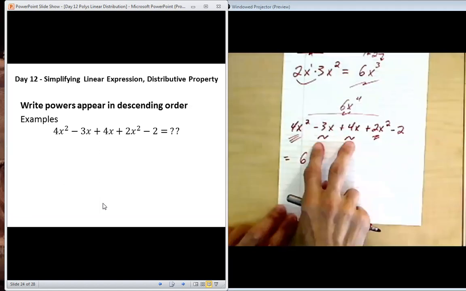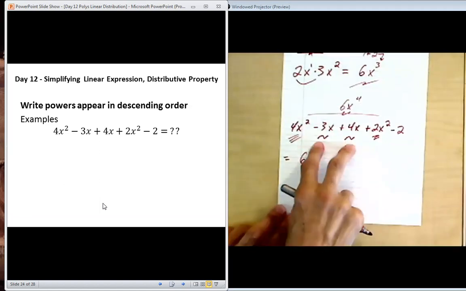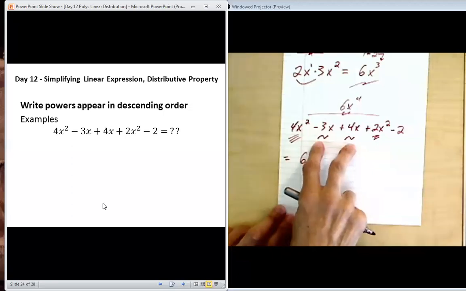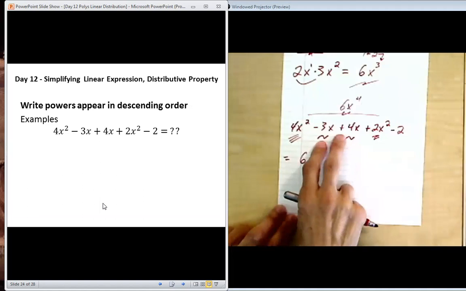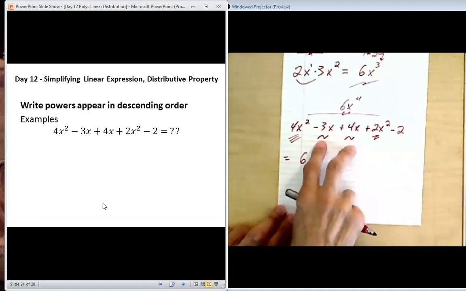The x's now. Down by 3. And then we're going up by 4. Oh, minus 1. Hey, from class, we got the correct answer here. Plus 1x.